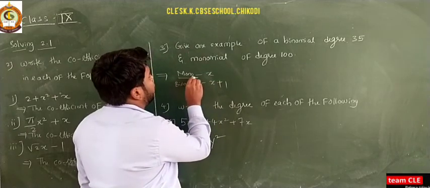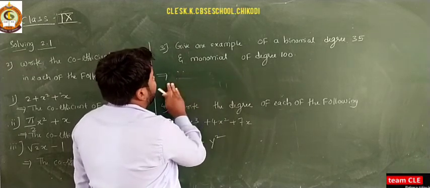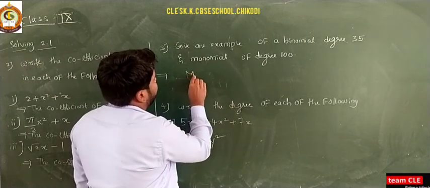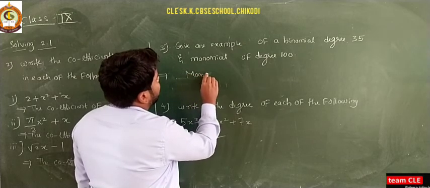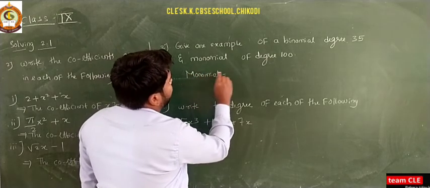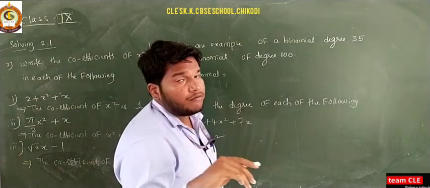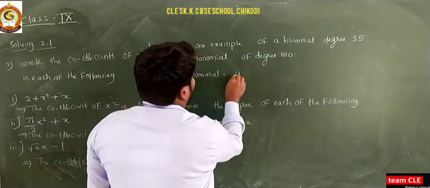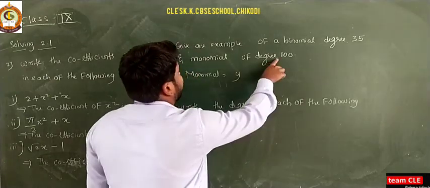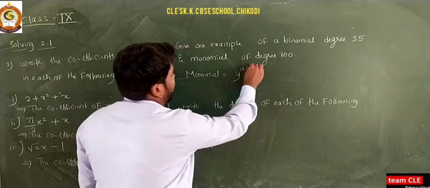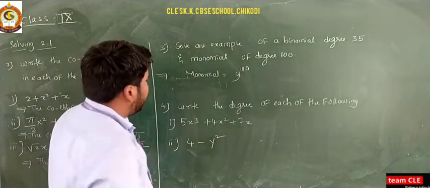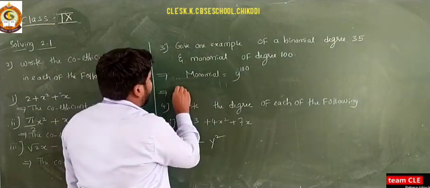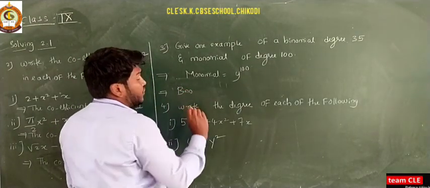I choose any variable from the alphabets A to Z. I will choose y. So the monomial I choose is y raised to 100, and the degree is 100. Similarly, a binomial is an expression containing two terms.